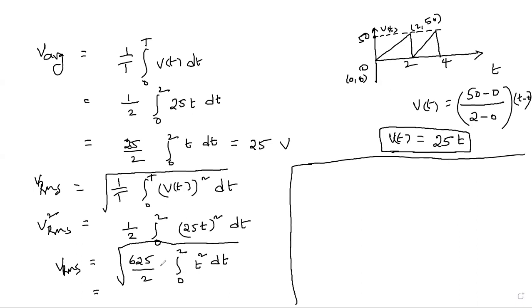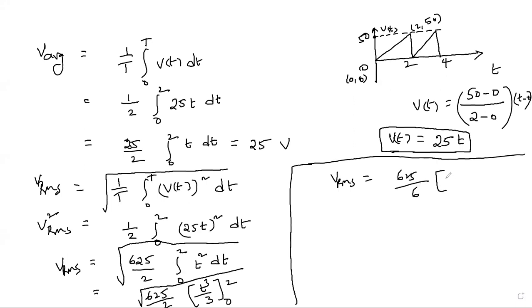625 by 2. What is the integration of t square? T cube by 3, 0 to 2, under root. So VRMS is equal to 625 by 6, 2 cube in the sense 8 minus 0, under root.